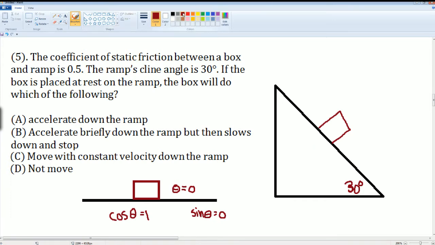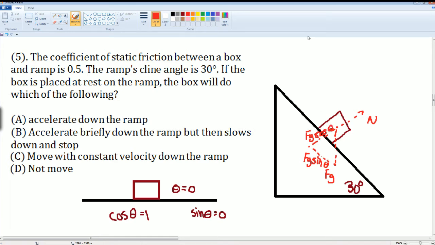So normally, again, you could draw all the other forces. Here, there's force normal. Here you have force gravity. Here you have force gravity sine of theta, and right here Fg cosine of theta.